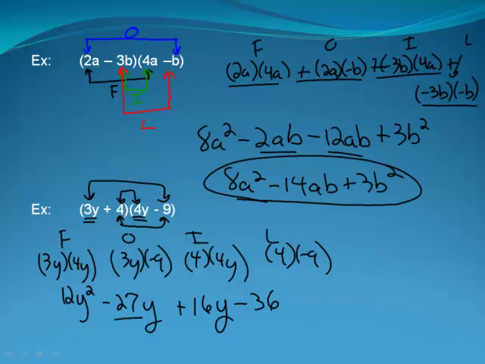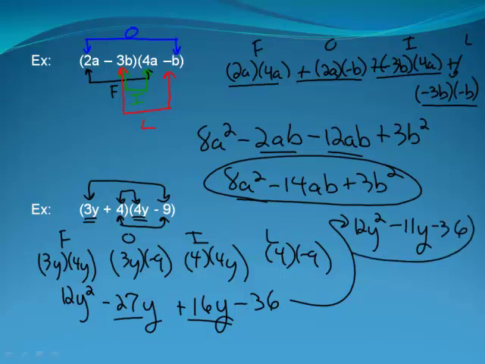Now we're going to combine like terms. Negative 27 and plus 16 is a minus 11y, I believe. And we still have that 12y squared out front, and that minus 36 tacked on to the back.